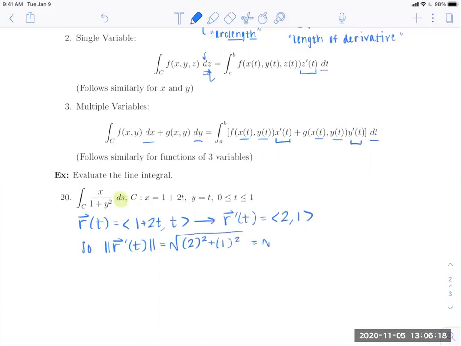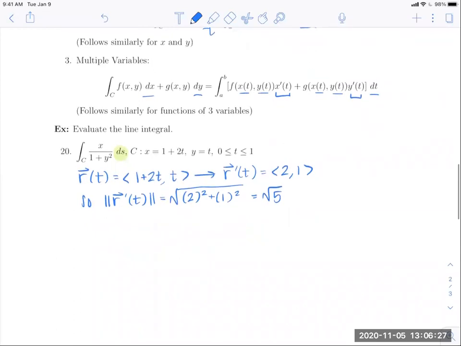And of course, that's the square root of 5. So this is going to become that extra factor there that I'm tacking in at the end due to the ds. The other piece of information I need to remember is to plug in x and y into the integrand, right? Because we want our entire integral to be written in terms of t.